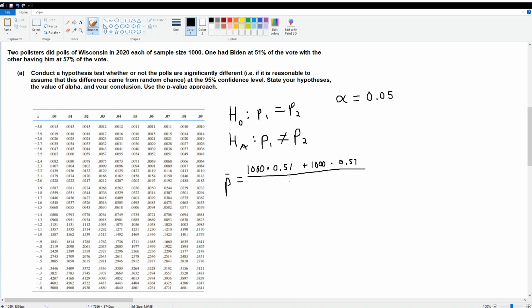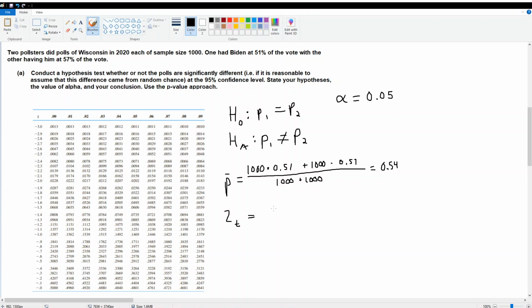And then we divide this by the two sample sizes added together. And this comes out to 54%.